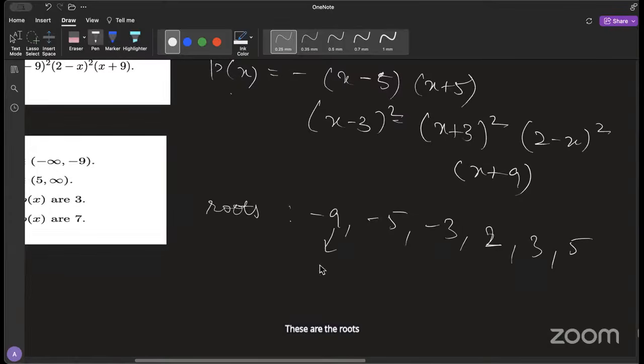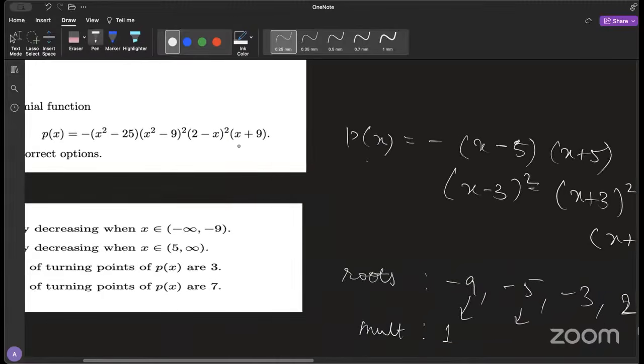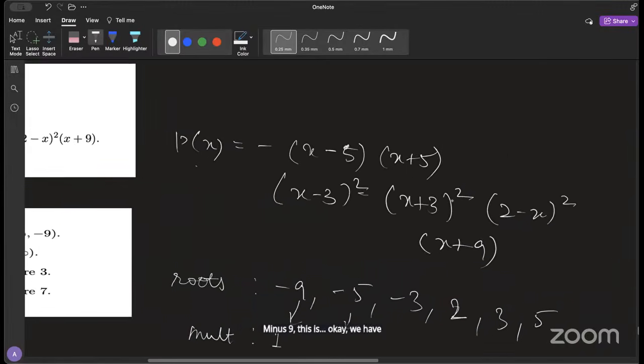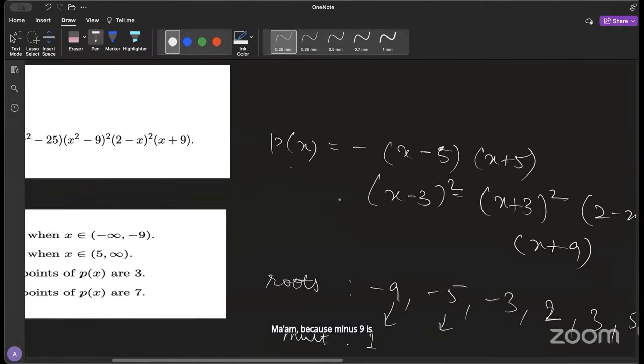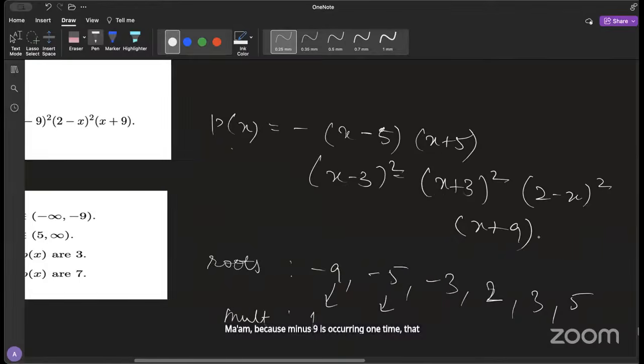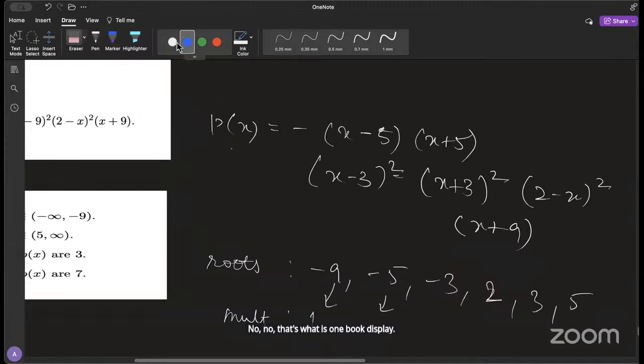Ma'am, how is the multiplicity of minus 9 equal to 1? Because minus 9 is occurring only one time. Do we have it more than one time? No. That's why it is 1.